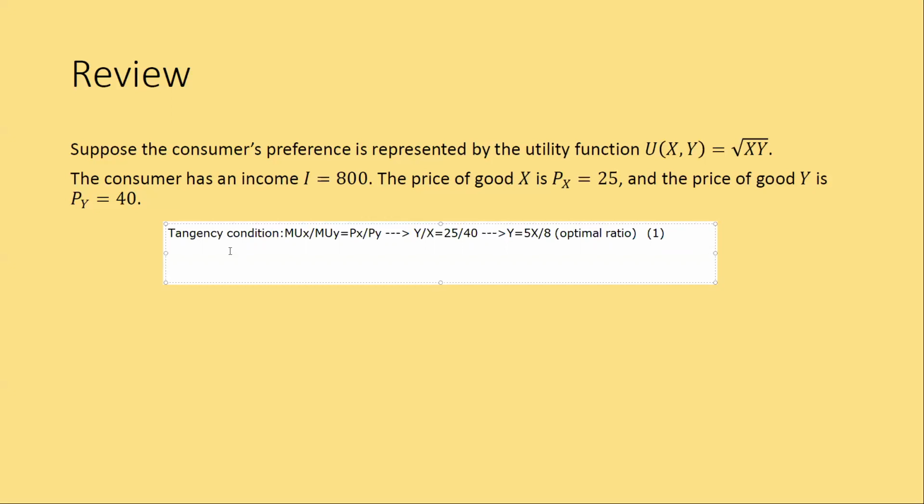Condition 2 is that the optimal bundle must be on the budget line. So this means that 25x plus 40y equals 800. Let me call this the second condition.